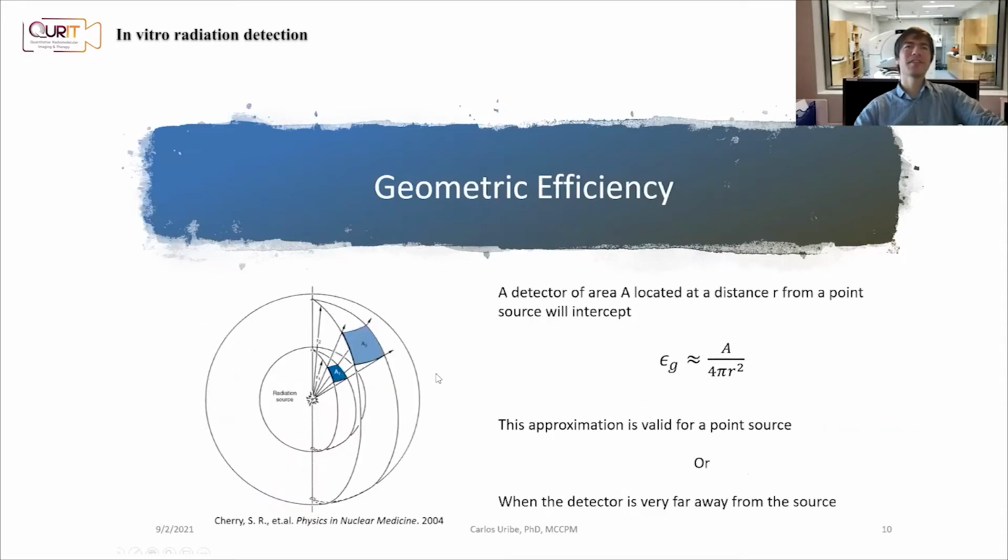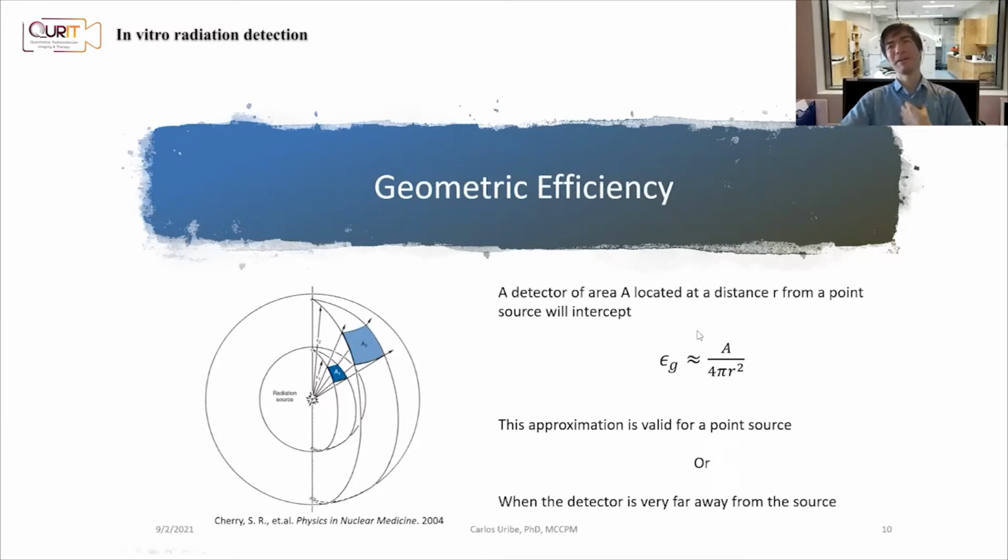So you can think that you have a detector of area A located at a distance r from a point source. What we're trying to see is, if your detector has an area A, how much of all the radiation coming out of that source is your detector intercepting?